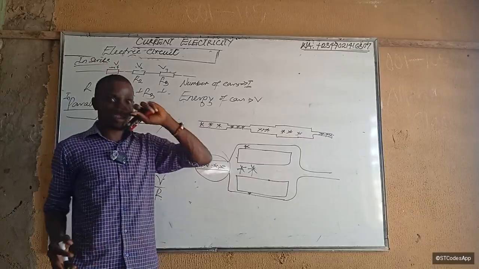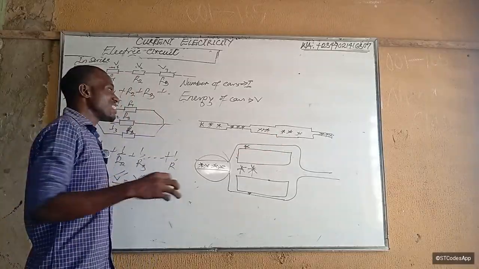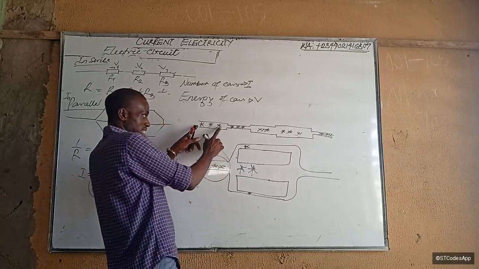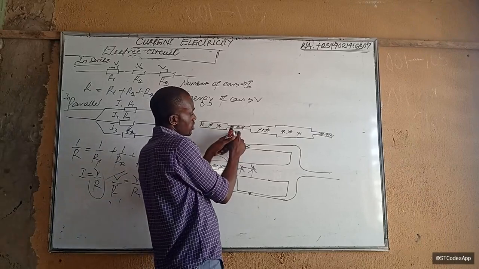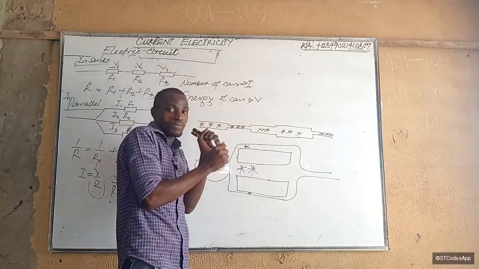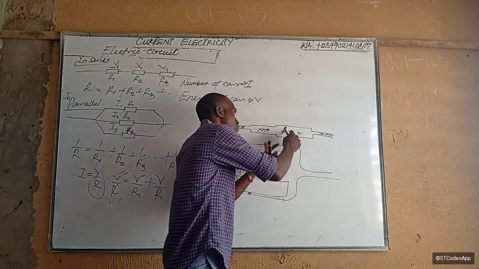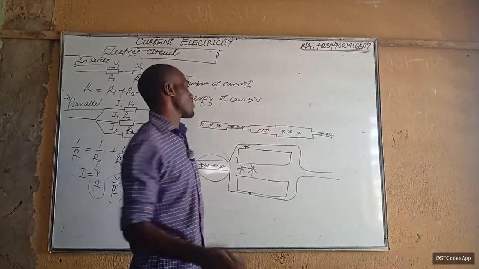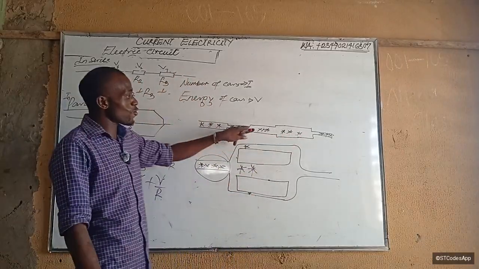But the energy with which they flow may be the same. In this case, the energy with which they flow will be different. Why? Because depending on the road, if the road is not permitting them so much, they will be following each other. If the road is tinier, they will have to slow down more. But where the road is large, some cars will accelerate more than others. So the energy of the car is higher here, but lower here.